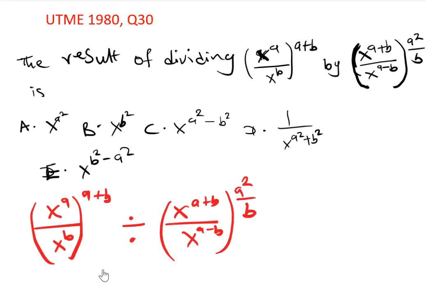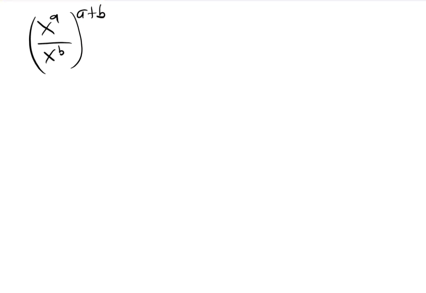We shall be solving this question part by part, starting from the right hand side. The right hand side of the question is given by this, and using the power law we can expand this expression.